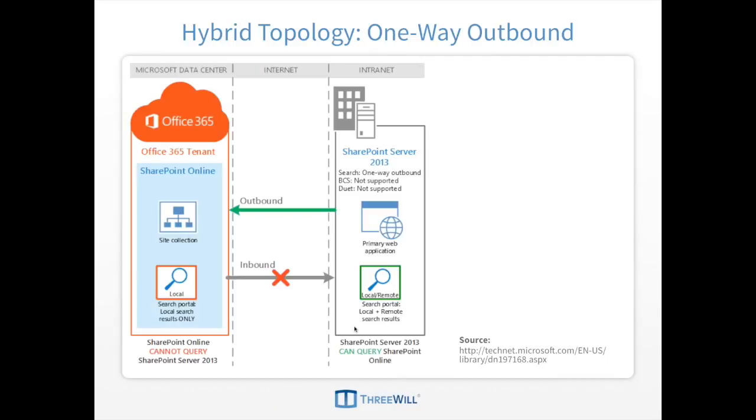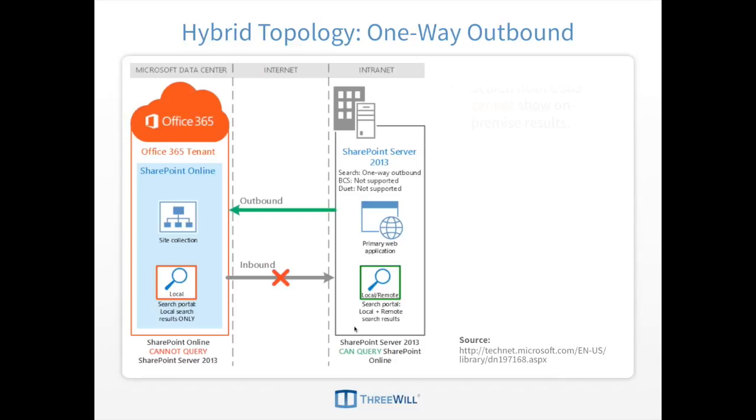So with that, you can see a little diagram here that's been provided by Microsoft called a one-way outbound topology. So in simple, non-technical terms, SharePoint Server 2013 that's on-premise can see Office 365, and it can see your SharePoint Online data inside of that, and then it's eligible to provide some kind of integration based on that.